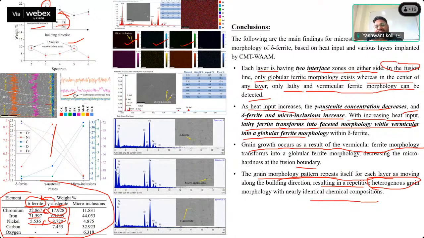Like six types of morphology present in the microstructure of each layer. So if we go for heat treatment, quenching, or microwave heat treatment, we are doing it to improve homogeneity. To get a homogeneous product, we can go for post-processing, and we can develop a homogeneous component.